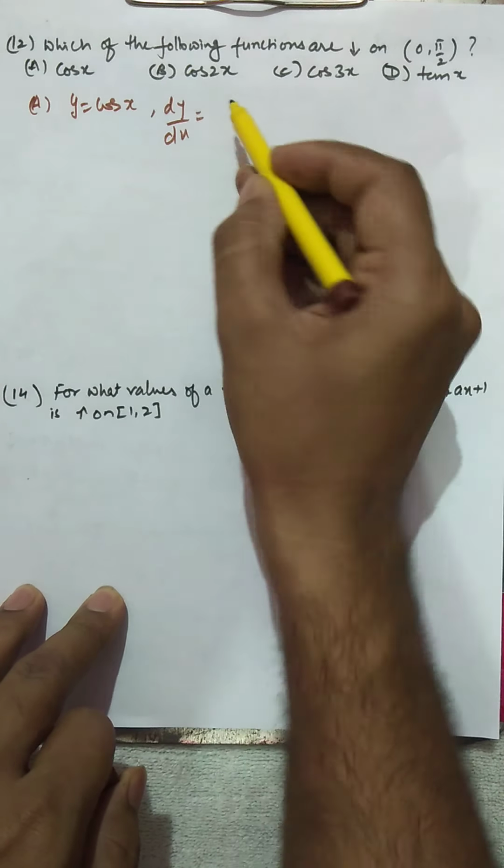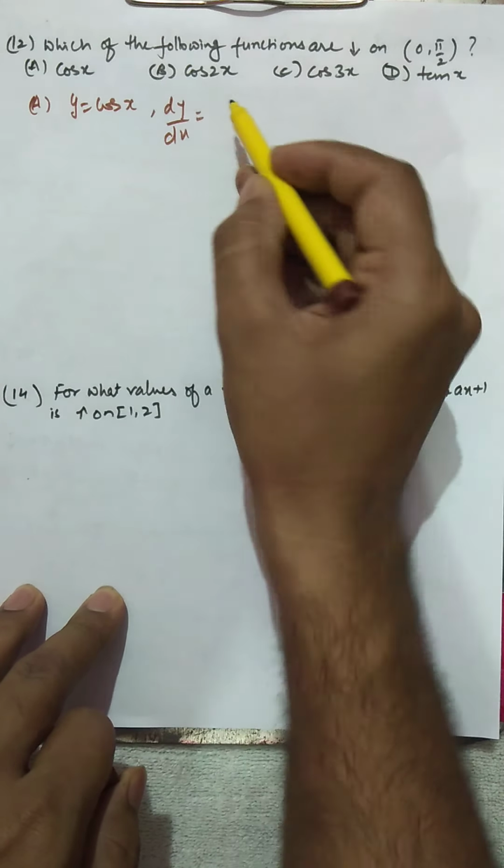So I'm discussing now this D part, which is y equal to tan x. You can find dy by dx. This is going to be sec square x, and you know this is a square, so this is always positive for all x belonging to 0 to pi by 2. So it implies that f is strictly increasing in 0 to pi by 2.